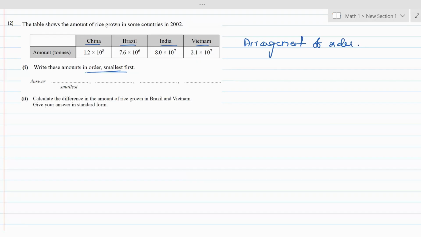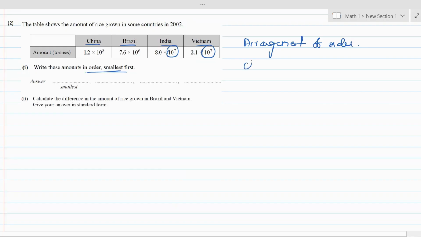So looking at this data, we have India and Vietnam as 10 power 7, whereas Brazil and China, they are having 10 power 8 and 10 power 6. So first we need to adjust China and Brazil with 10 power 7, and then we can decide which number should be written first.